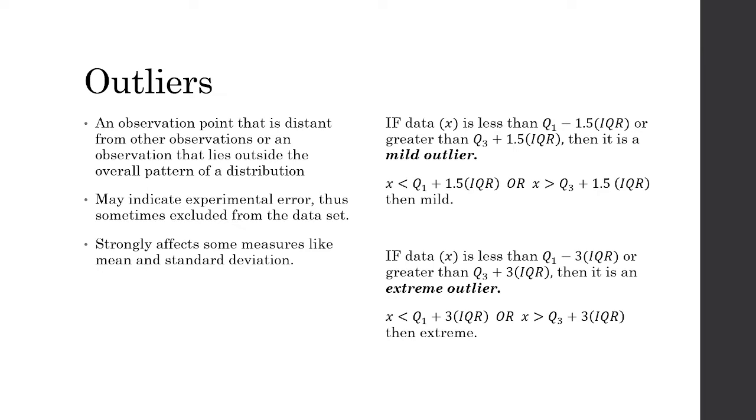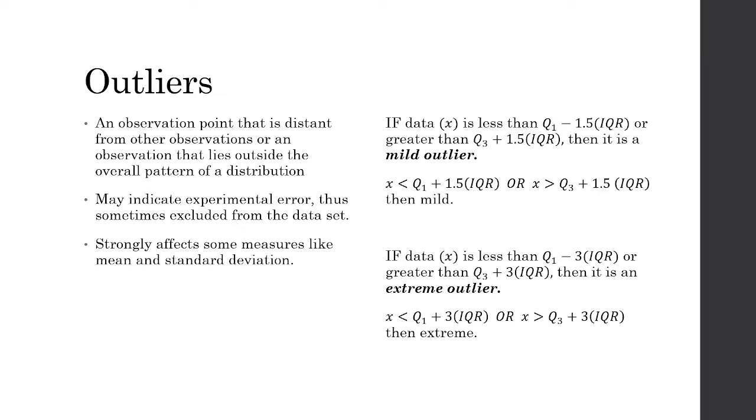Okay? Bali, in symbols lang tong next, no? Wherein kapag meron kang x that is less than Q1 minus 1.5 times the IQR or yung x mo is greater than Q3 plus 1.5 times the IQR, then it is a mild outlier.